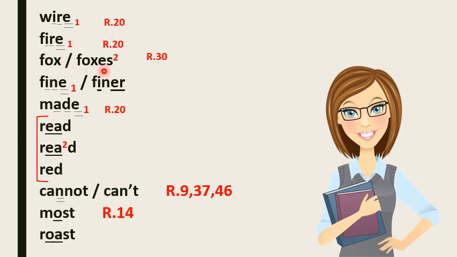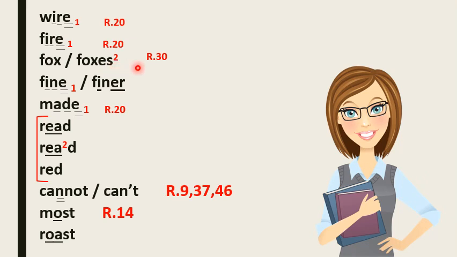Fox, foxes. Here the S is pronounced Z, so we gotta put 2 above it. And it will be Rule 30. Rule 30 says that whenever we have a plural word or a plural noun that ends with ES.